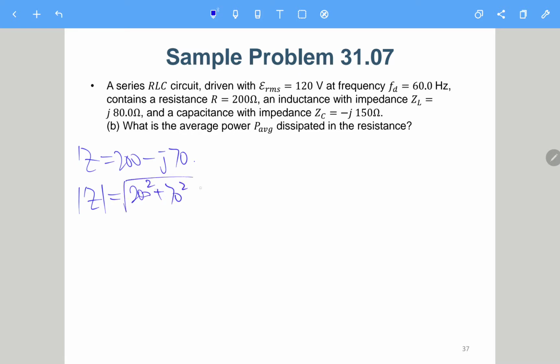And then P average is E RMS squared over absolute value of Z times cosine phi.